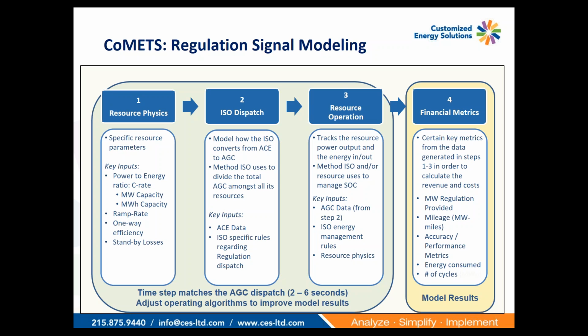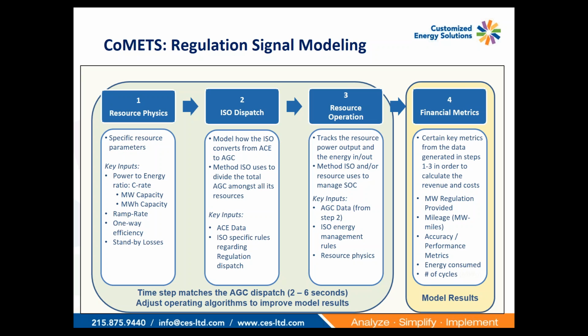So essentially, in what we call the regulation signal model, there are 4 basic pieces of it, which then gets used in the financial model, which is a different module of the COMETS. So first one is the resource physics, where we take the characteristics of a storage resource, whether it's power rating, duration, efficiency, ramp rate, and so on, or the cycle life curves.